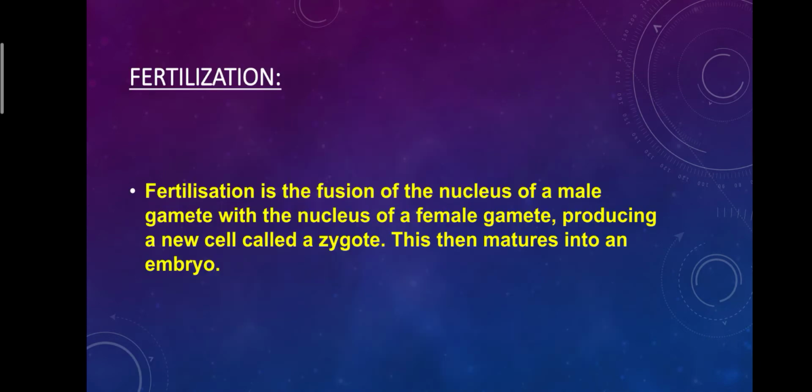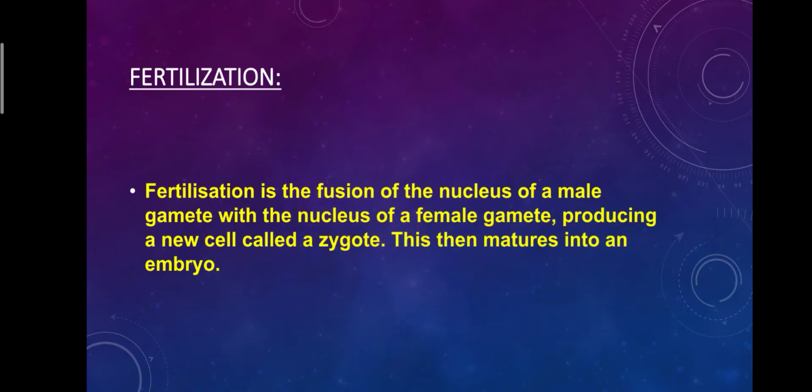As we have discussed the female and male reproductive systems, their structures and the functions of these structures, now we will discuss the process of fertilization in humans. Fertilization is the fusion of the nucleus of a male gamete with the nucleus of a female gamete.